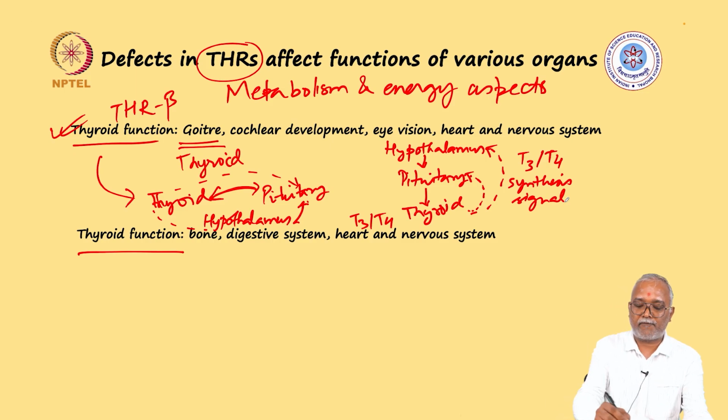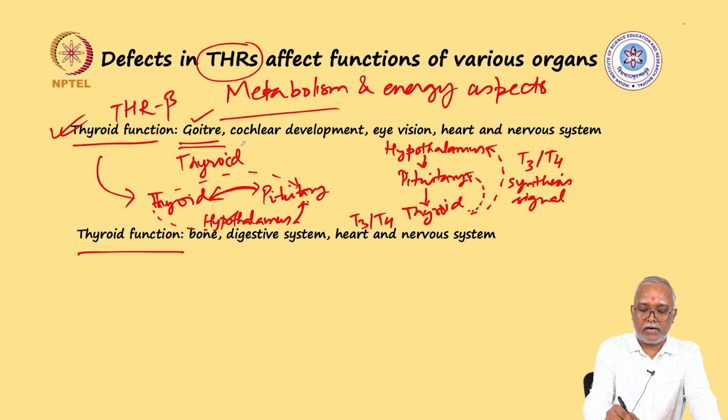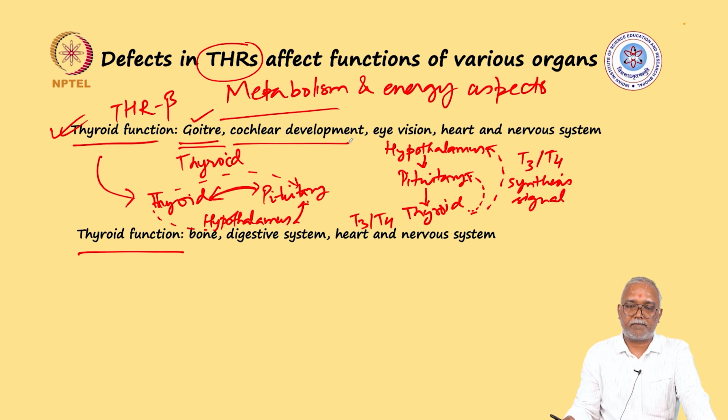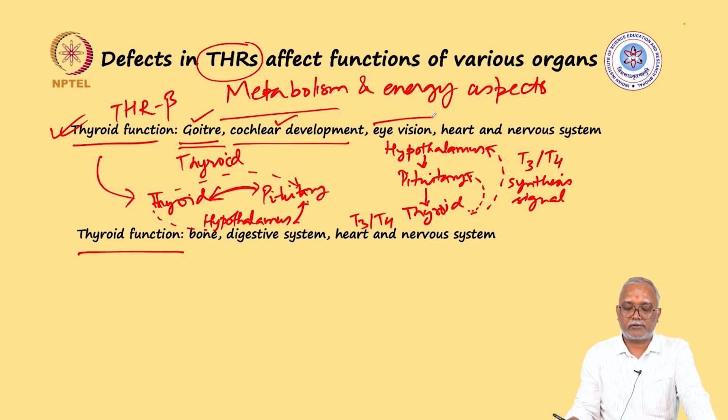And since it is affecting the metabolism, all different tissues in the body are regulated or affected by thyroid. So it affects the thyroid itself, where goiter-like situation can come. In the ear, the sensory perception of hearing is affected because cochlear development can be affected by the thyroid malfunctioning. The vision process is affected by thyroid malfunctioning.